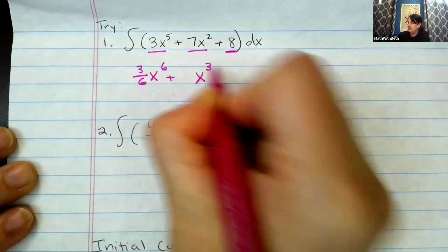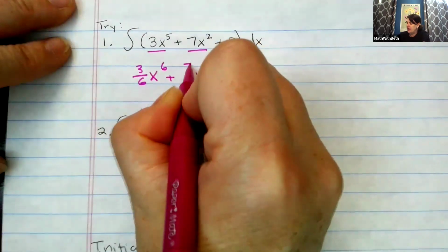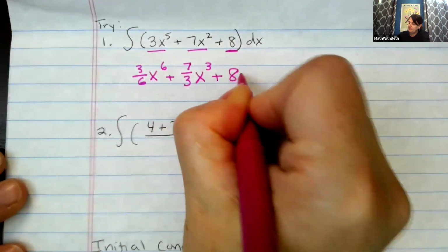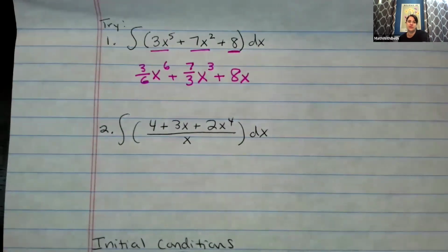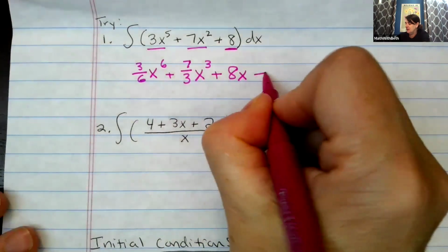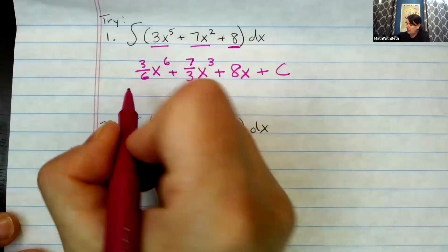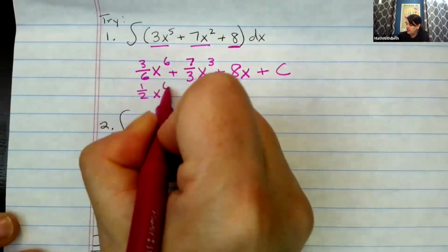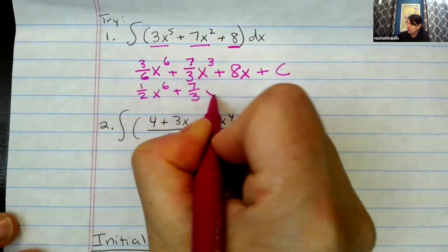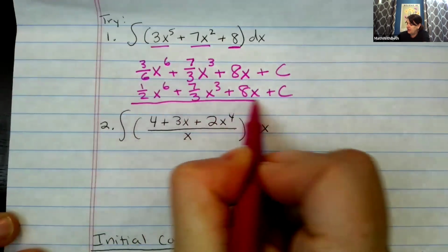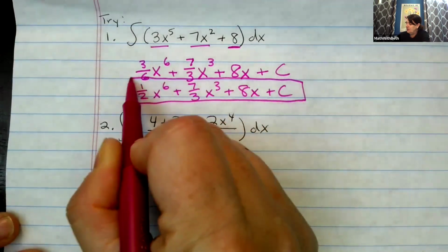I'm adding 1 to the power and dividing by that same number. And then for the 8, since it was a constant, it will just turn into 8x. And then, of course, we have our plus c. So the only other thing I could do is see if anything could be reduced. So there is my final answer.